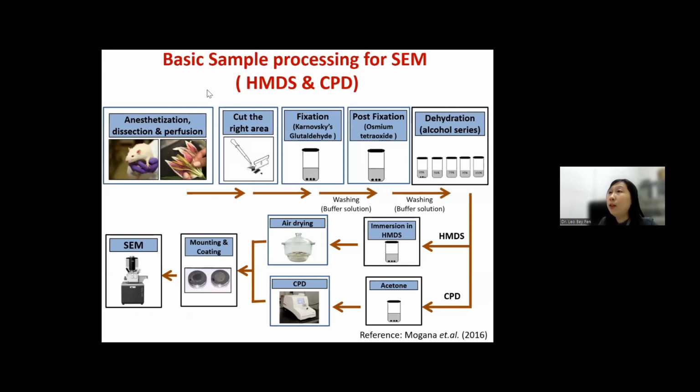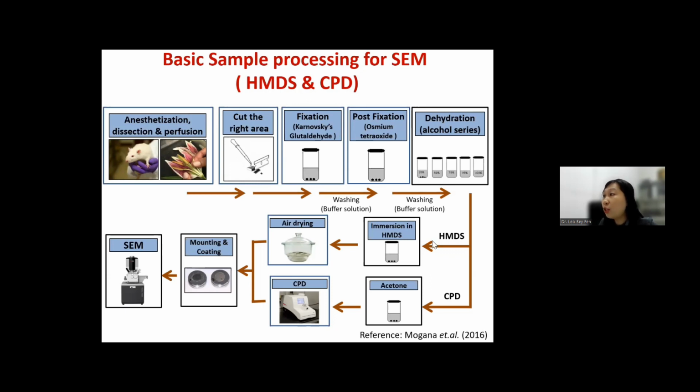For the SEM, here is the series of sample preparations. First, maybe I need to dissect the sample, cut the right areas, then follow with fixation using glutaraldehyde and osmium tetroxide for the post-fixation, then dehydration using a series of alcohol with different concentrations.